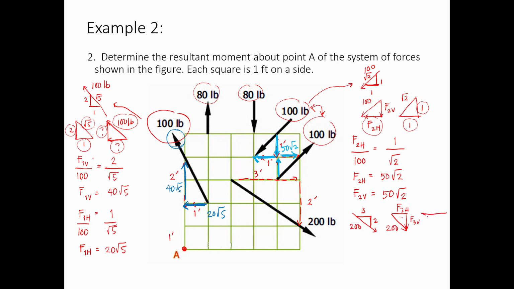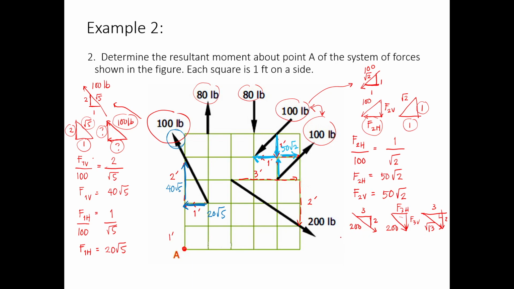The triangle that you need to create is similar to the force diagram: 3, 2, and then the hypotenuse will be square root of 13, since 3 squared plus 2 squared is 13.